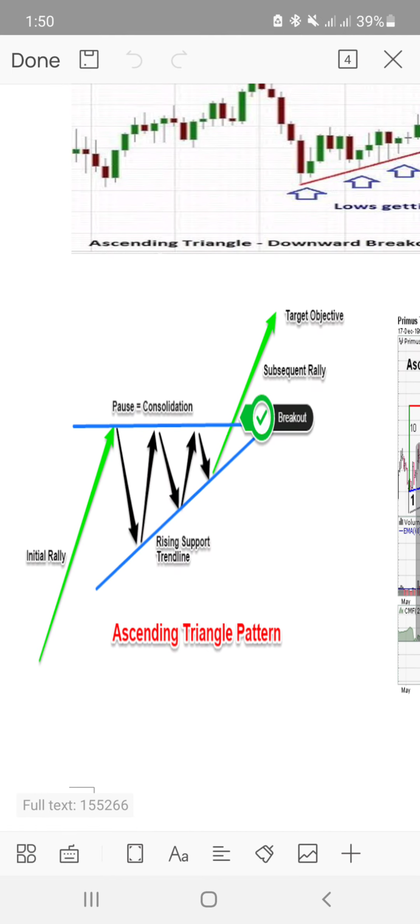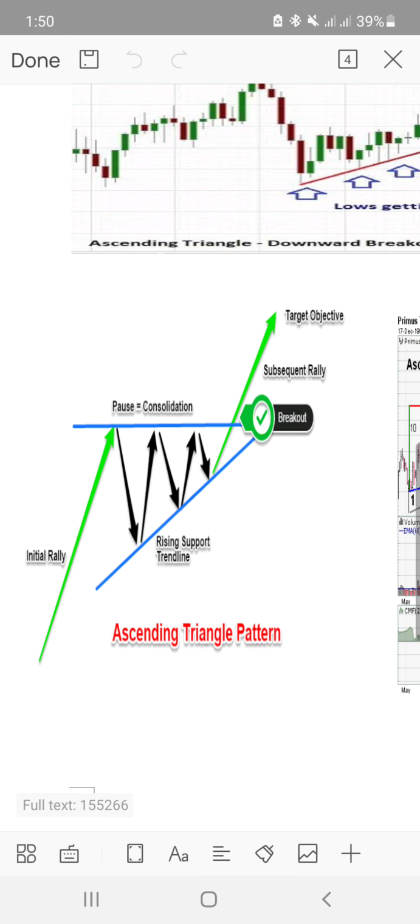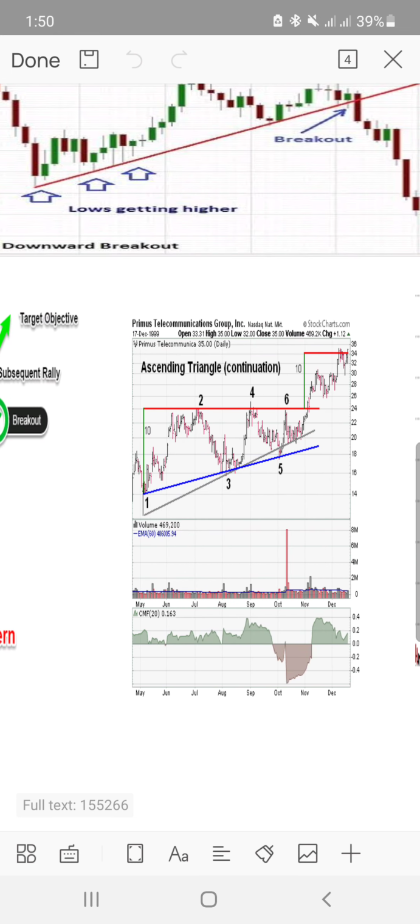Look at these two. Price rallies up, then we have our fixed resistance, then this point, our higher lows. Price goes down, comes up, goes down like that, and breaks out. Price can break out in any direction in this one too. But also remember, in an ascending triangle there's a fixed resistance.